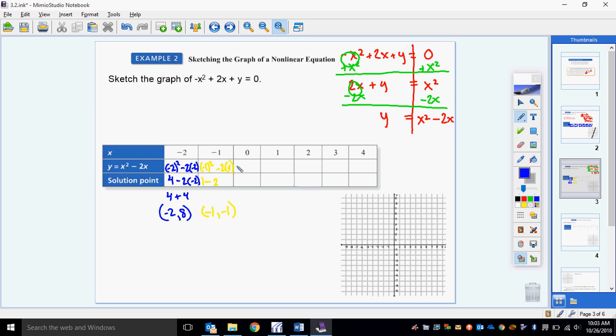Try 0. Zero minus 0. When I plugged in 0, I got 0. Go ahead and do 1.